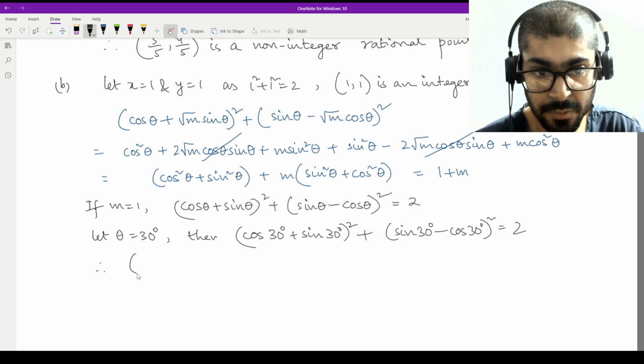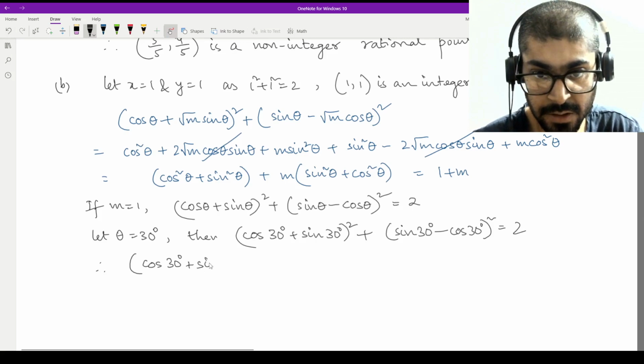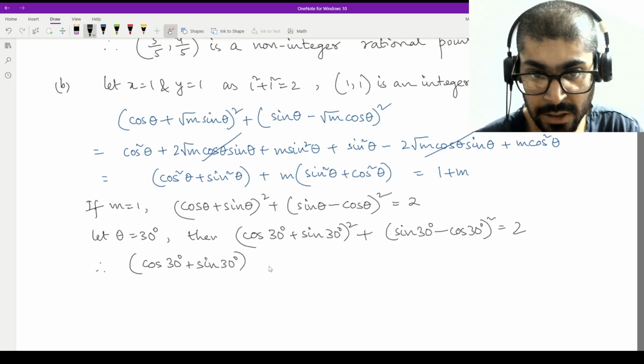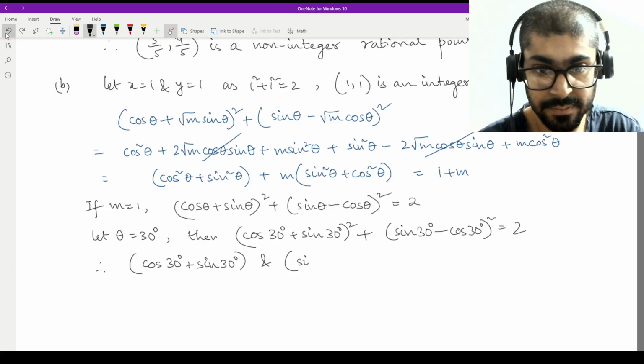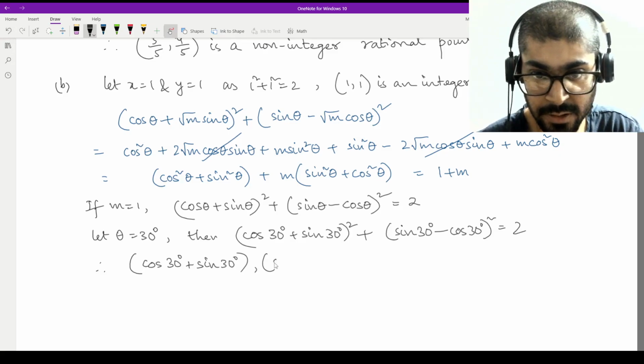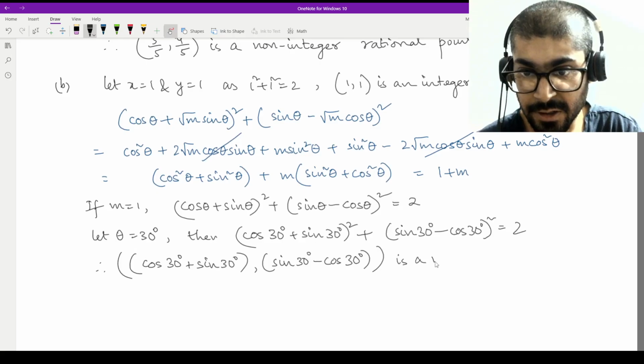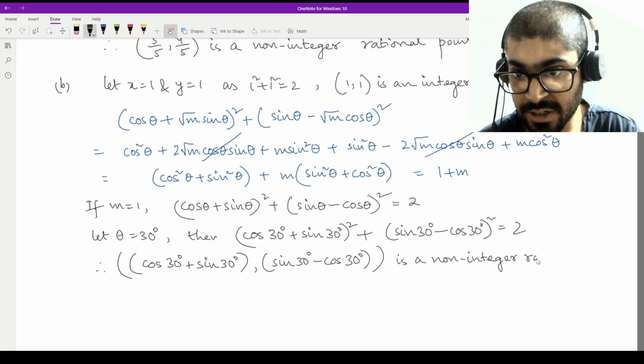Therefore cos 30 plus sine 30 and sine 30, it's better to write it like this, is a non-integer rational point, sorry.